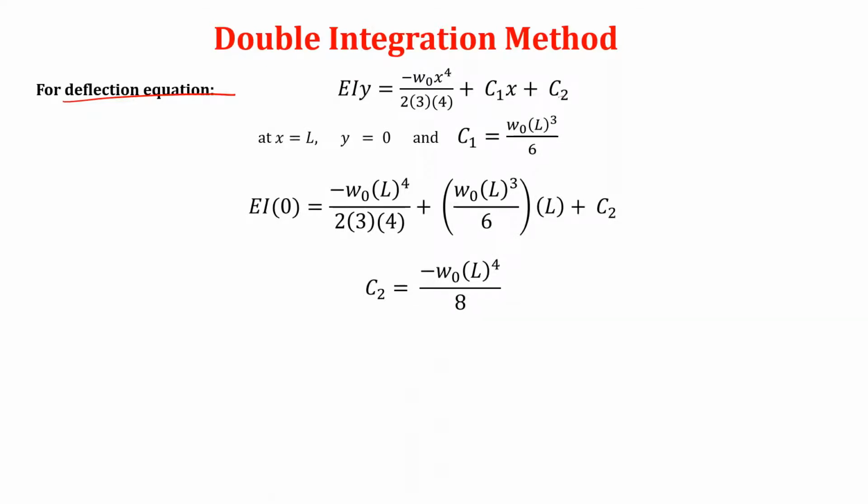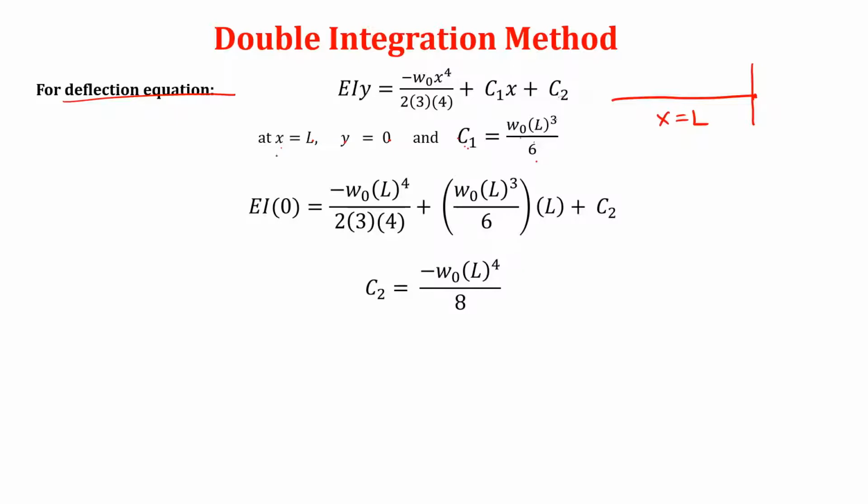We use the deflection equation. Again, this is the figure. When x is equal to L, we have the support, and at the support there is no deflection. So when x is L, deflection y is 0. And from earlier, C1 is w0 L cubed over 6.